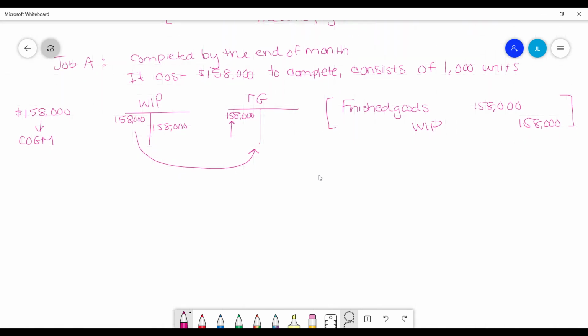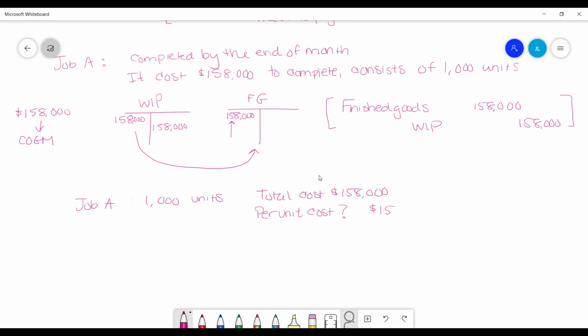All right. So we said job A consists of 1,000 units. So we know the total cost to finish job A was $158,000. So what's the per unit cost? Right? We looked at that in chapter 2.